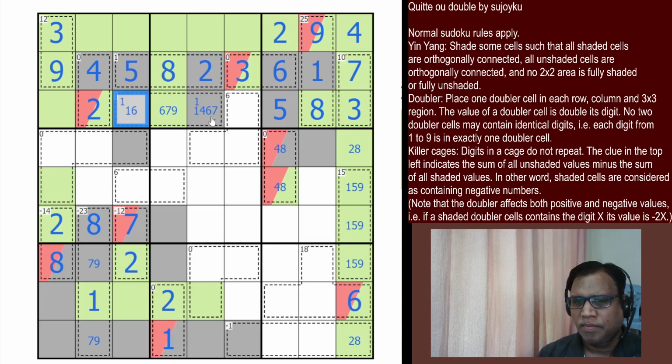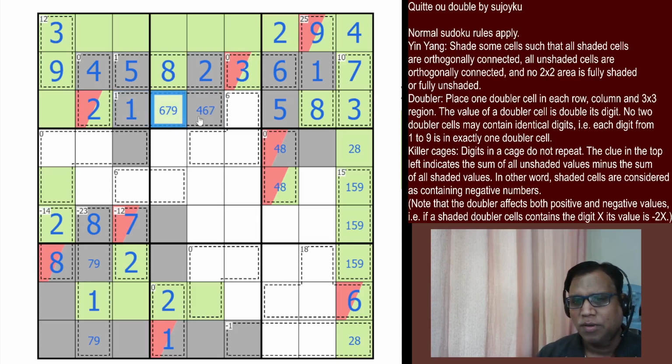So is 1 possible here? So 1 is not possible here, right? If this is 1, this is 2, nothing is possible. This has to be 1, right? Because we know that one of these must be 1, but 1 is not possible here. Because if this is 6, this must be 8 here. So that's not going to happen. So that's not 1, and we know that 1 is definitely here.